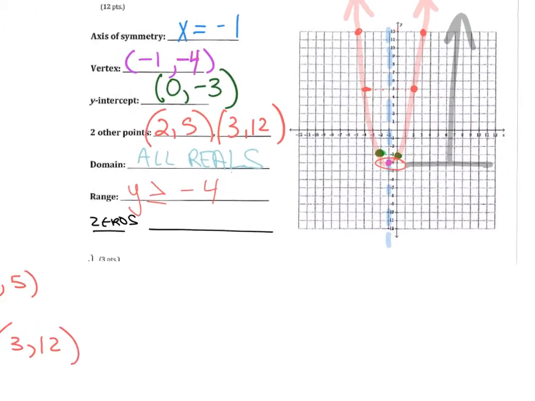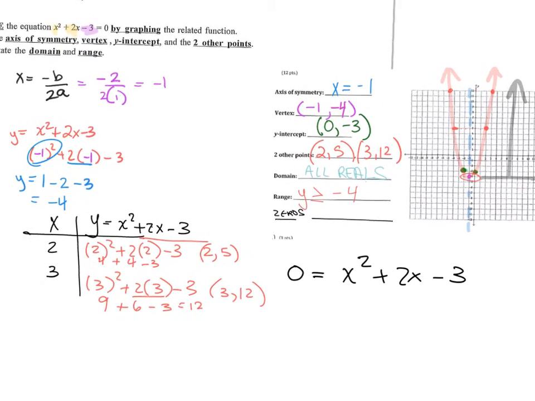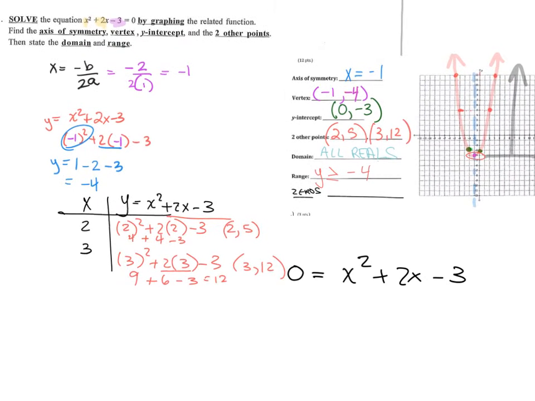So in order to get the zeros, you have to remember that you are trying to find the value of x when y is 0. So you rewrite your formula, you make it so that it's set equal to 0, and you can either solve by factoring or using the quadratic equation or using square roots. You get to choose how you want to solve.